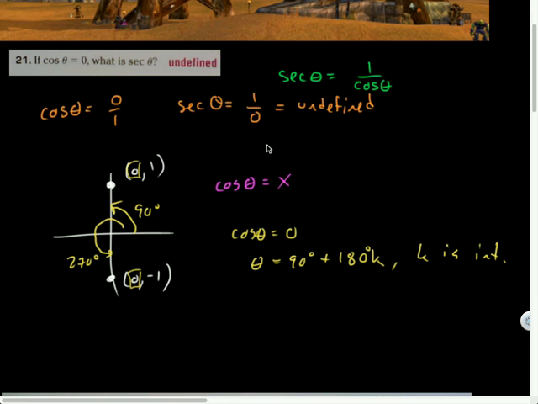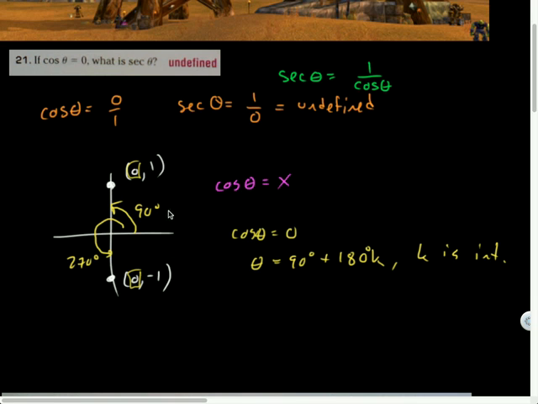Tangent is undefined, I believe at 90 degrees, specifically because tangent we found out was equal to sine over cosine, and if cosine is equal to 0, tangent's going to be undefined at these same locations. And the reciprocal functions all have some locations of undefined-ness, because sine can equal 0 at 0 degrees and 180 degrees and all of their coterminal angles.